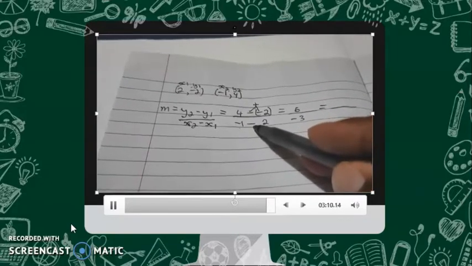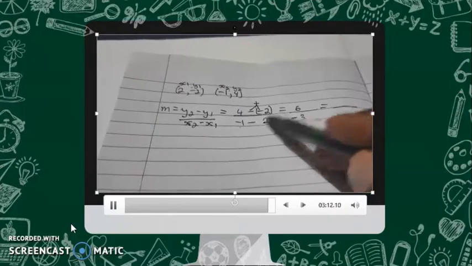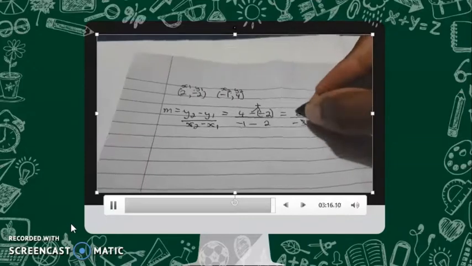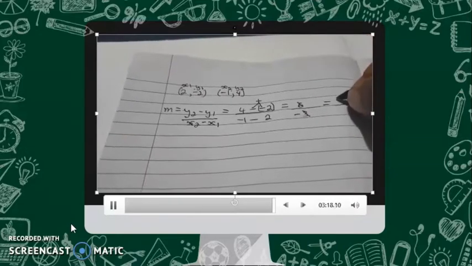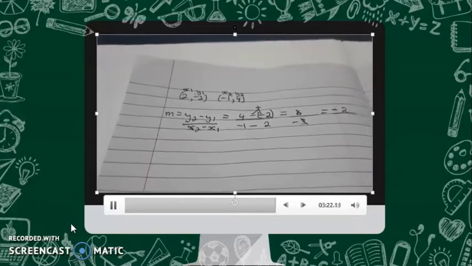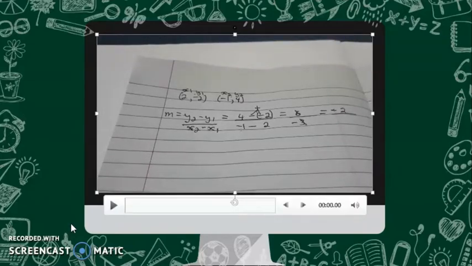Alright, so very simple. So now we'll simplify by dividing and you get -2. So it doesn't really matter which point you put first, you will always get the same gradient. Alright, math is so beautiful.